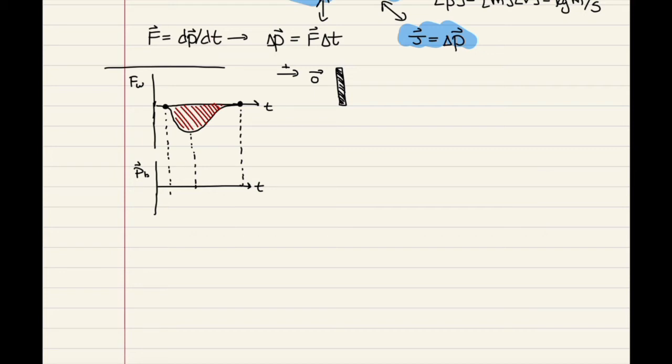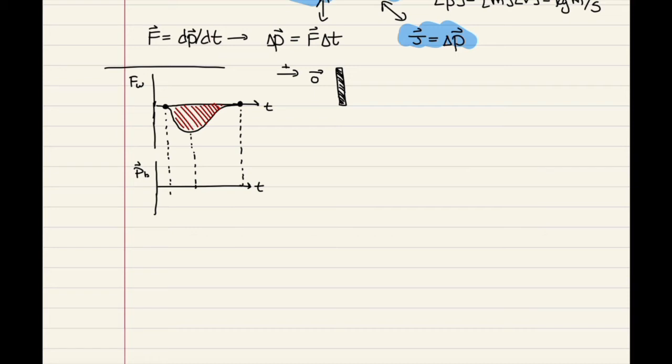And now suppose I want to plot the momentum as a function of time. So what would that look like?